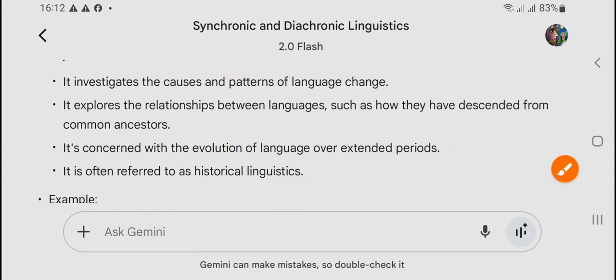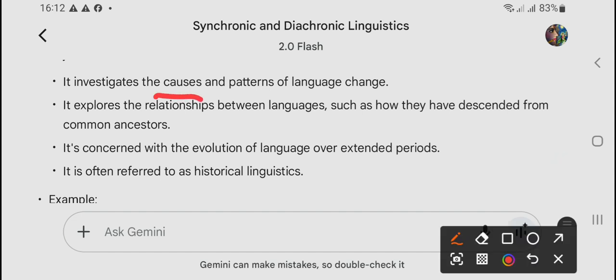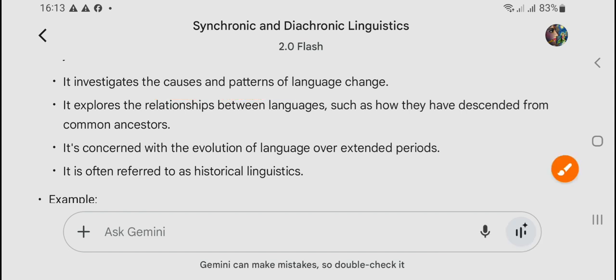Every day we coin words. So first of all, you bother about causes and patterns, how sentences, phrases, clauses, grammar, and pronunciation change. When you study about these changes, this approach is called diachronic linguistics.